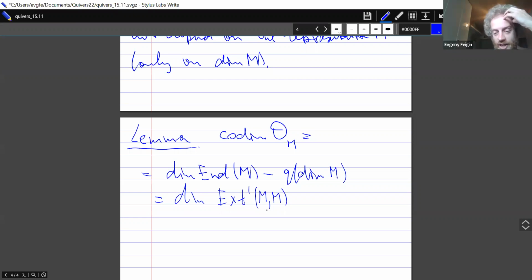Or you can rephrase it as follows. You can study the endomorphism spaces, the homomorphisms from M to itself, and then you are saying that you better have small endomorphisms in order to make the orbit large.